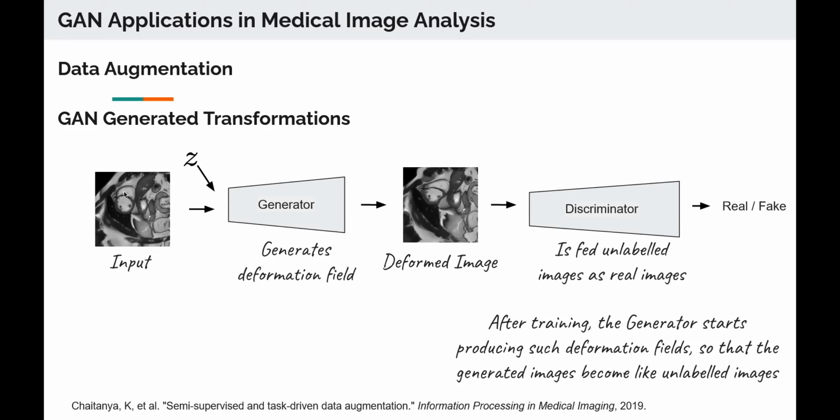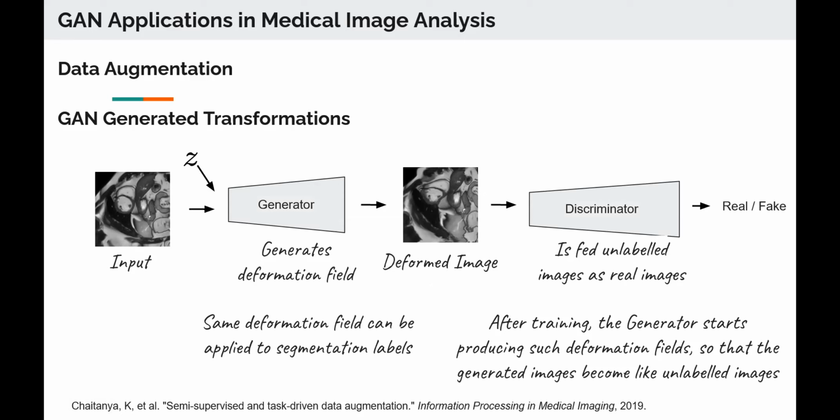And the good thing is that we do this by producing a deformation field, and the same deformation field can be applied to the segmentation labels that we have. So these are only labeled images, right? So we have segmentation labels here corresponding to them. We can apply the same deformation field to the segmentation label, and then we will end up with a deformed image and corresponding segmentation label, which is a pair that can go into our set of training images, right?